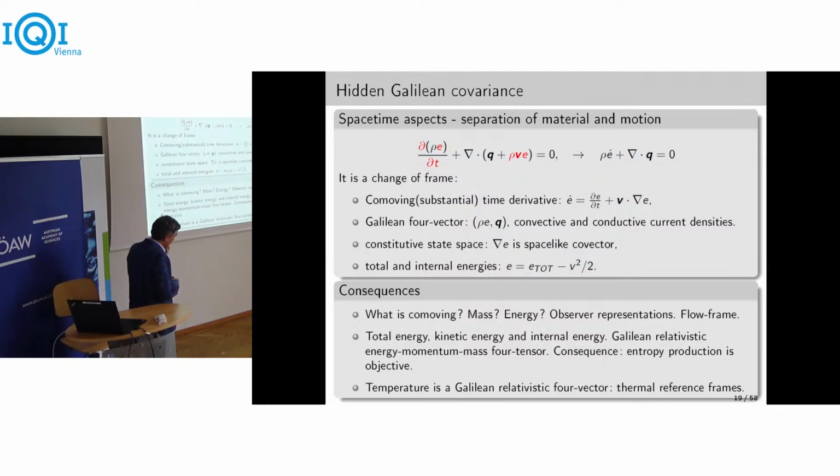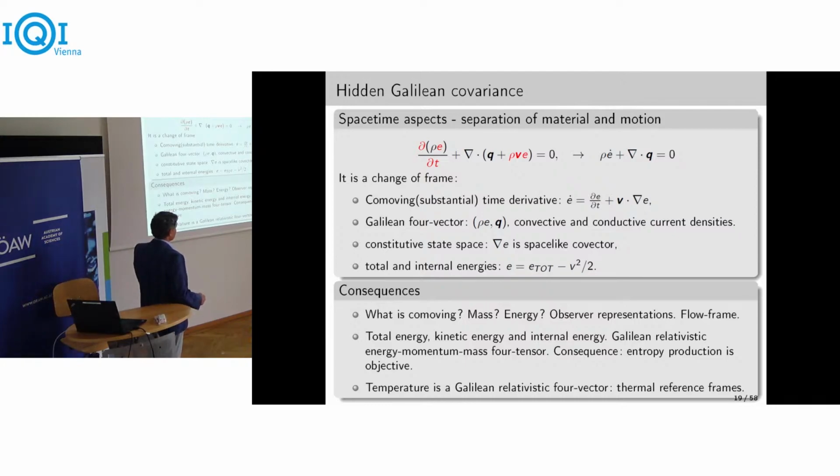So first of all, what is moving when a fluid is moving? It is usually assumed that the mass is moving, non-relativistically, but from a relativistic point of view, when we don't have mass, energy is moving, or particle density, particles are moving, and we can choose how we define the co-moving system.